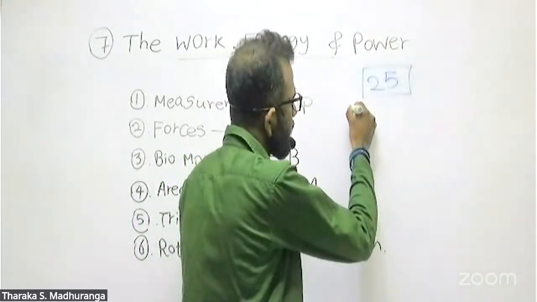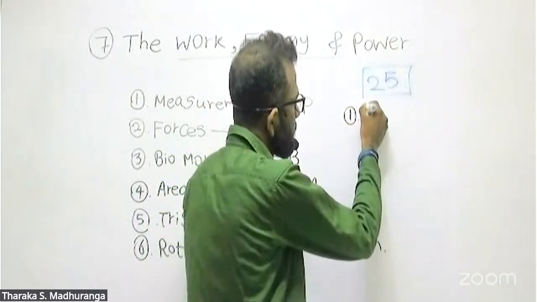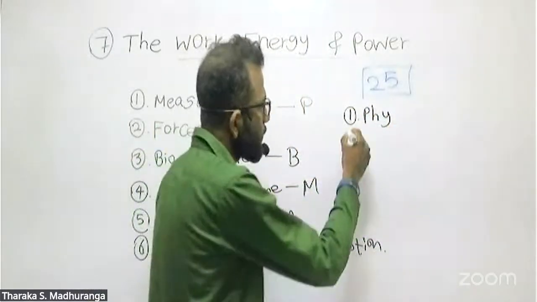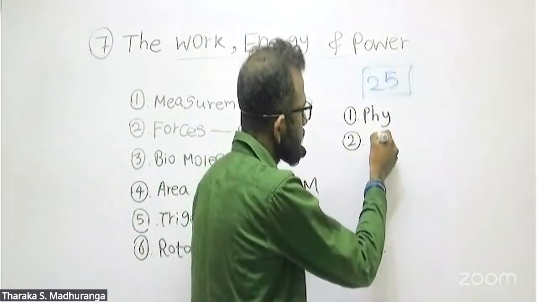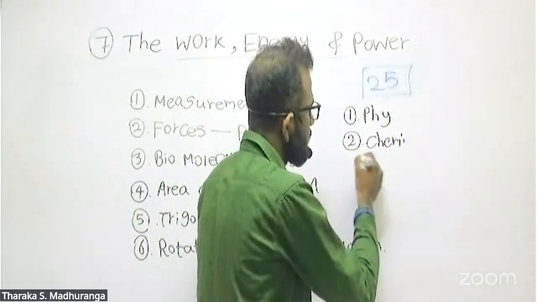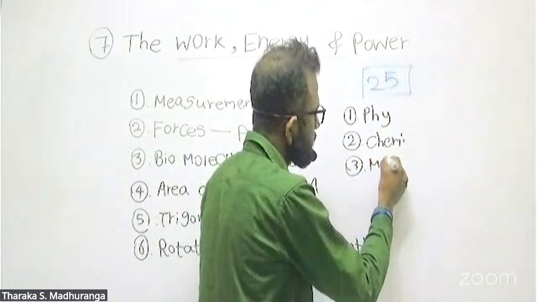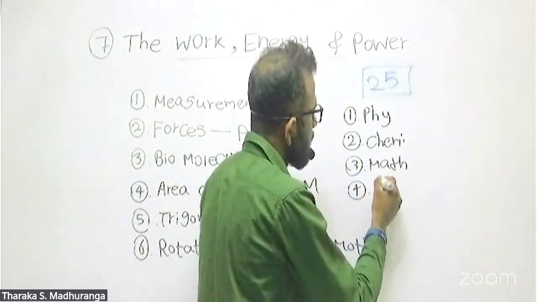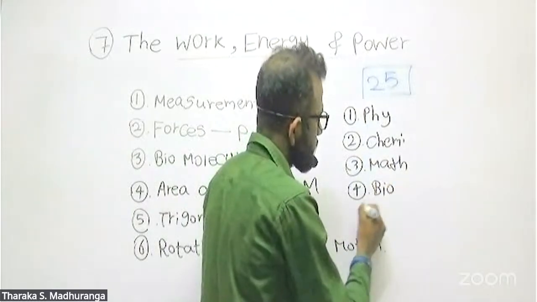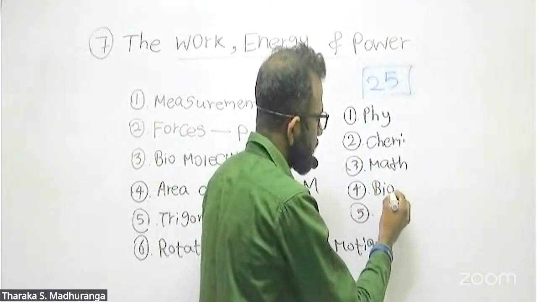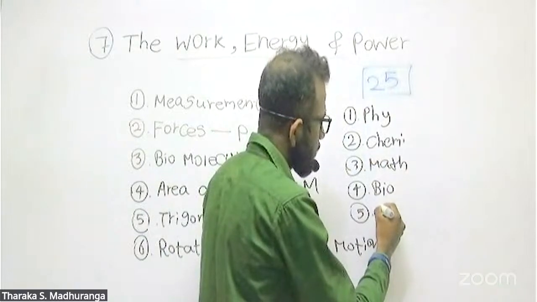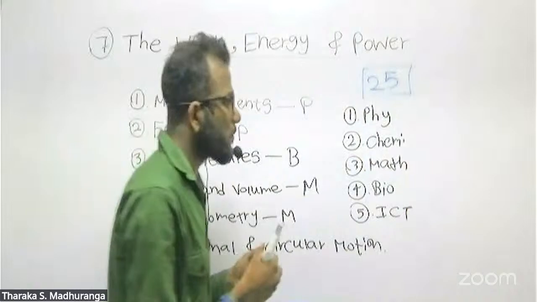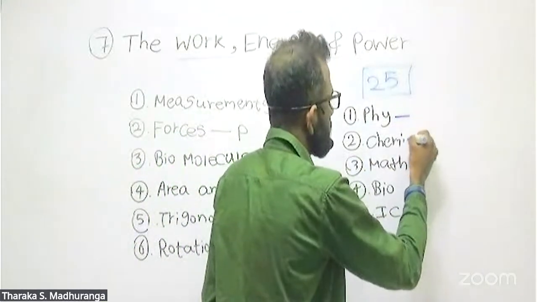The first area is physics, the second is chemistry, the third is maths, the fourth is biology, and the fifth is ICT.